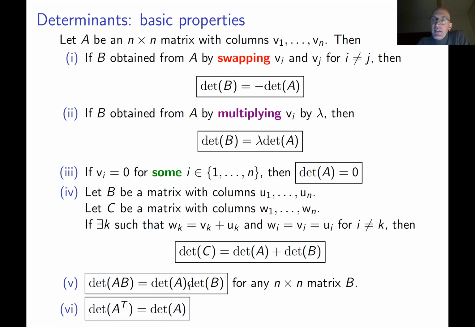Okay, and finally, as I already mentioned, we had expansion formulas for rows, and we have expansion formulas for columns, for the determinant of a given matrix. This basically means that the rows and columns of our matrix play a similar role in computation of determinants. And this property is reflected here: the determinant of the transpose of a matrix A is the same as the determinant of A. So these are nice properties of determinants.